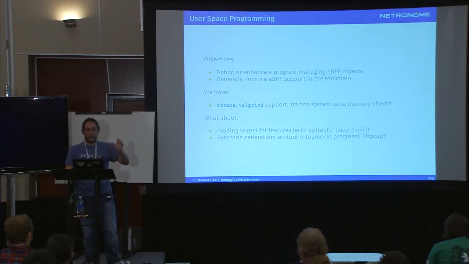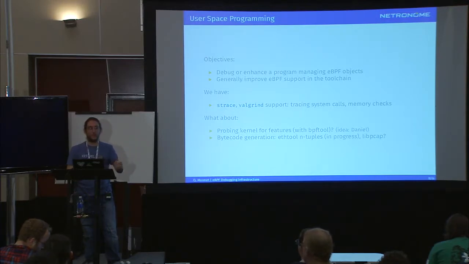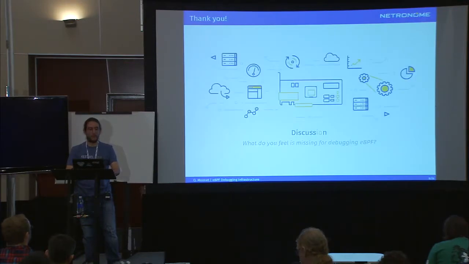We have also the ethtool and tuples filters for filtering traffic on the receive side, which use a specific syntax that I'm trying to use also to generate BPF programs, so that we could make it easier for users to get started with BPF and to generate the first programs.